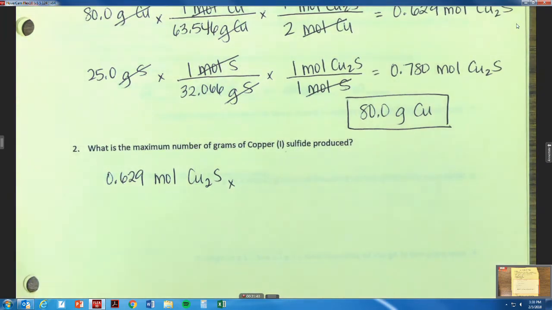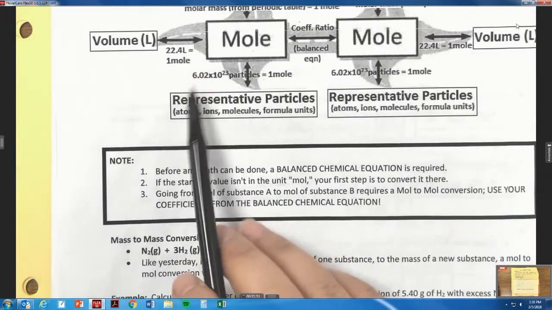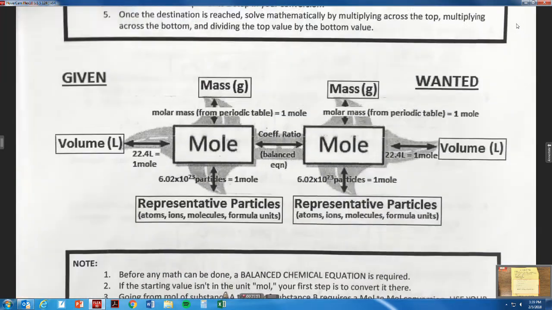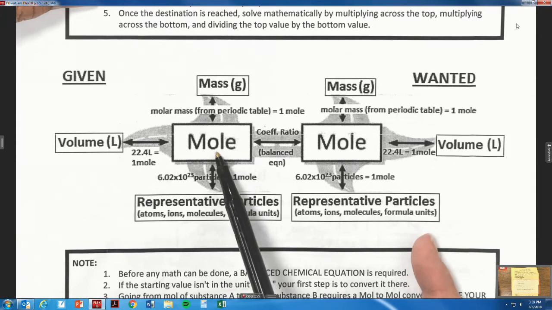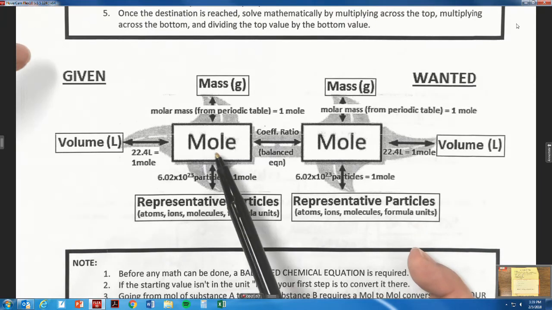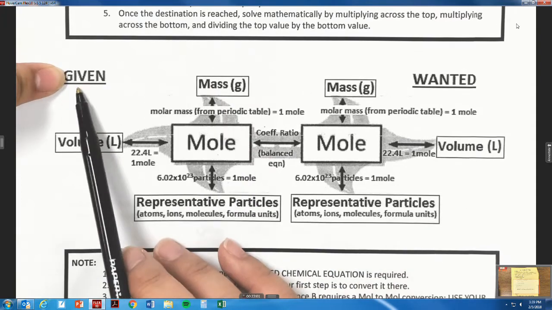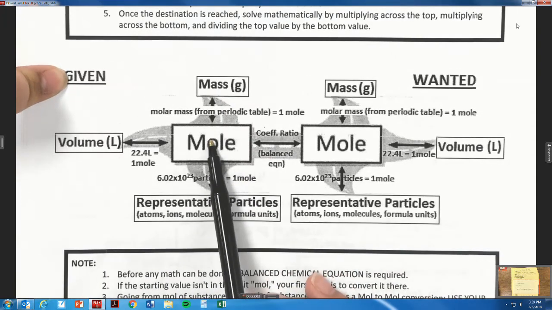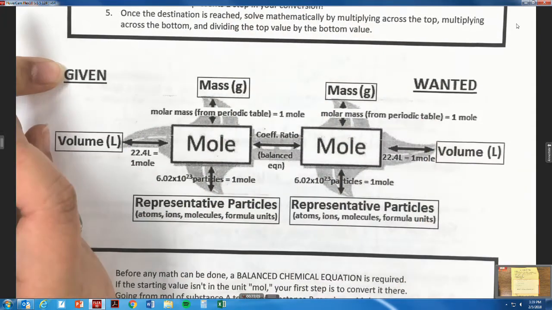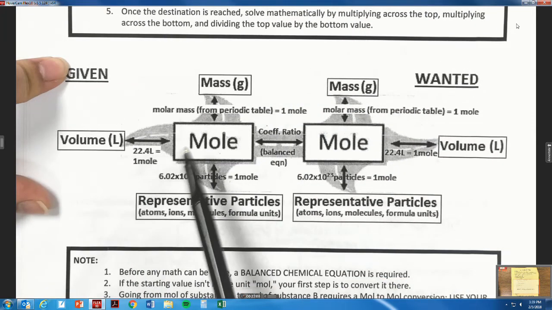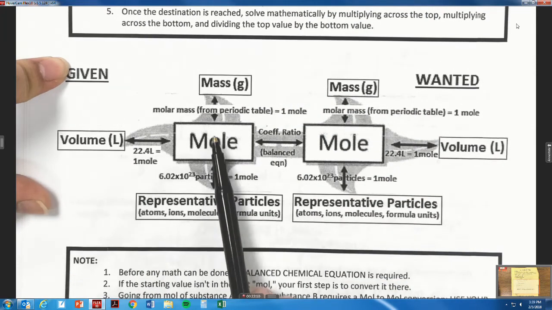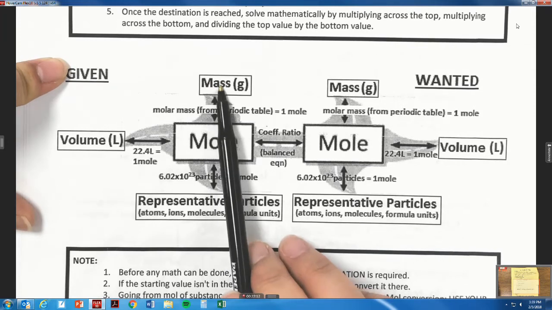So this is where you have to be careful, because on your mole map you are only converting from moles of your given to mass of that same substance. So it's actually staying on the same side of your mole map. You're going from moles of your product to mass of your product.